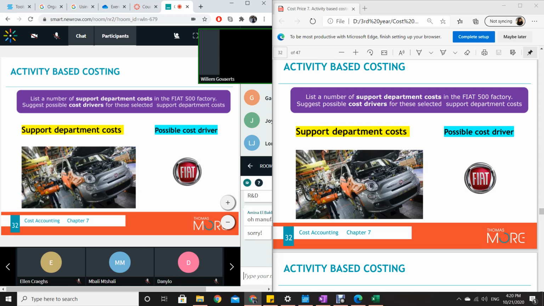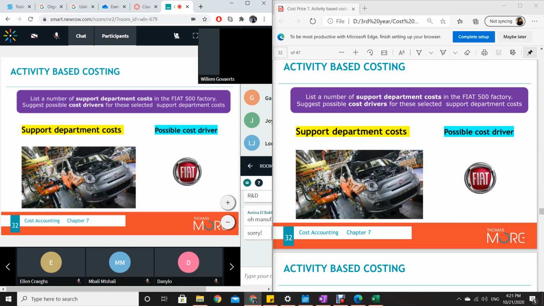What kind of activities or department costs can we have more? You can have support department costs. What kind of costs? Are there other ideas? Production?